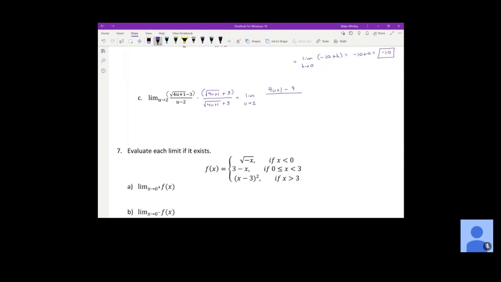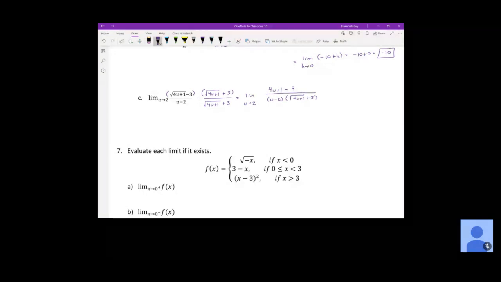And then remember, the outer and inner terms cancel, right? So we don't even have to worry about those. And then our denominator, I'm going to leave factored, right? So we have our u minus 2. And then we have the square root of 4u plus 1 plus 3. Any questions up to that point?